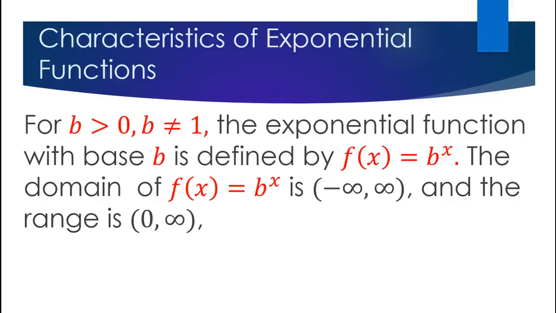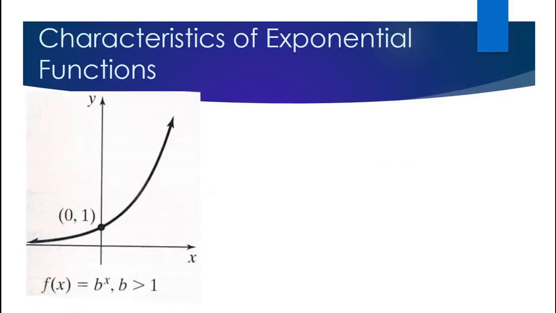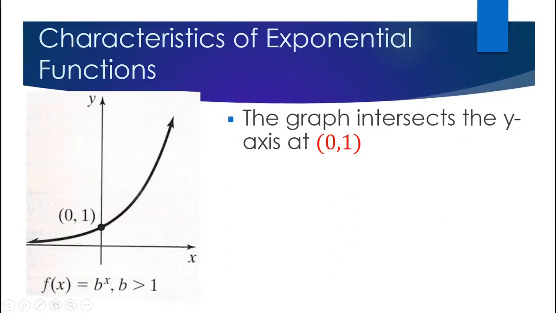Okay, let us define the characteristic of the exponential function y equals b to the x if b is greater than 1. Tingnan natin yung behavior ng curve. 1. The graph intersects the y-axis at (0, 1). Remember, this is b greater than 1.